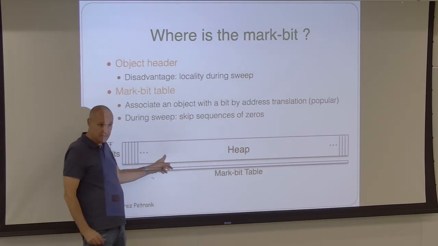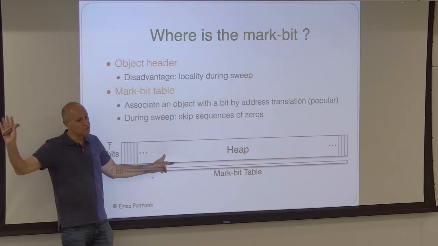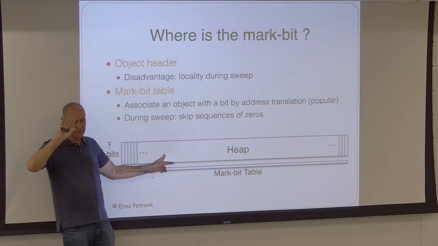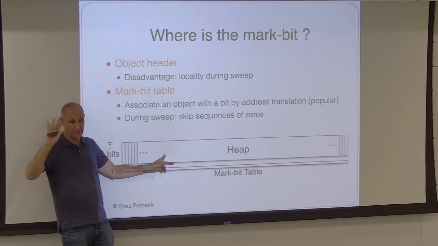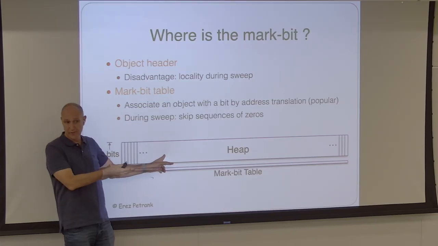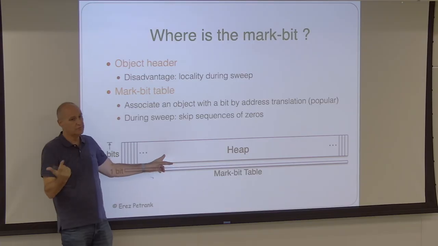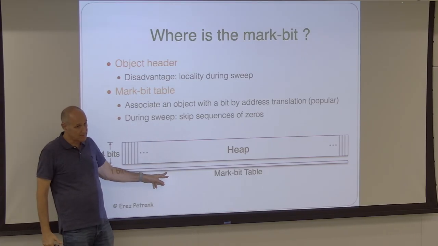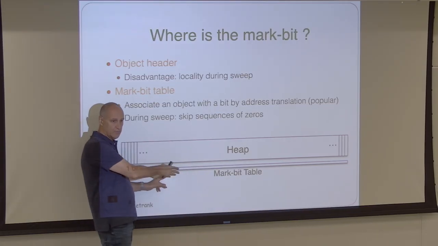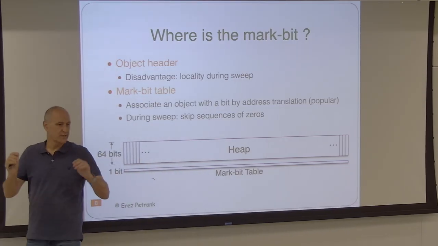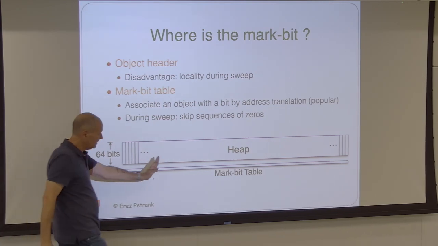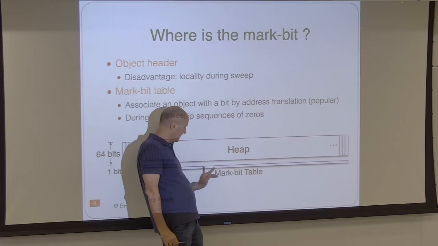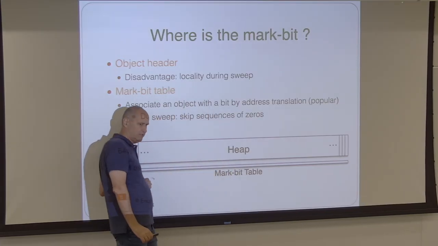Okay, so freeing it means, and we're going to talk about the allocator a lot, but for now we'll use a very simplistic idea that you have a free list. If we want to free a space, you just add it to the free list, then it's free. I don't care about these bits when I allocate. Only for sweep do I care about this. When I allocate, I go to the free list and allocate from there. If I'm in the middle of doing sweep incrementally, then I will go to this table and go on it, but I will not return to a previous bit.